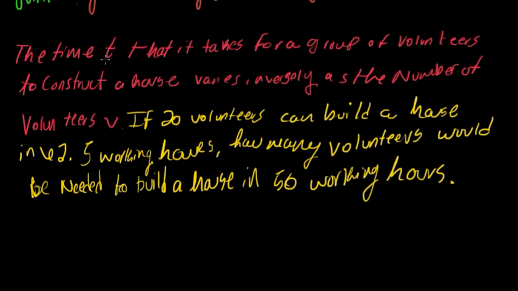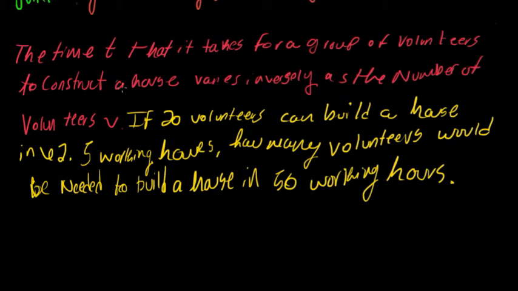It says the time that it takes for a group of volunteers to construct a house varies inversely as the number of volunteers V. So that means there's a relationship between how long it takes them to build the house and how many volunteers there are.